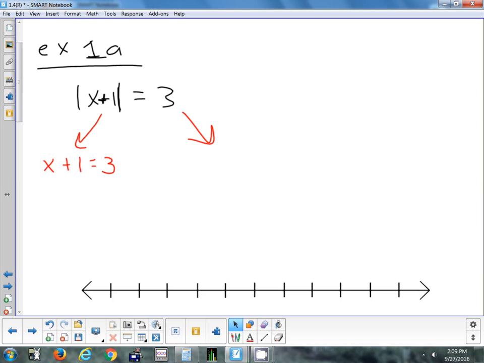Only one thing changes. Not sure? Okay. Jordy? -3. Yeah, so give me the whole thing. Oh, x plus 1 equals -3. Perfect, Jordy, thank you. X plus 1 equals -3.